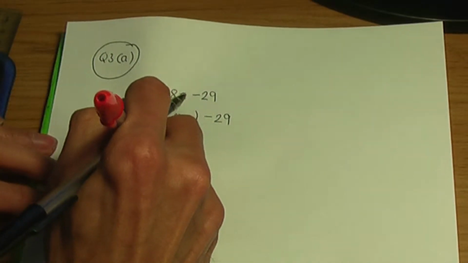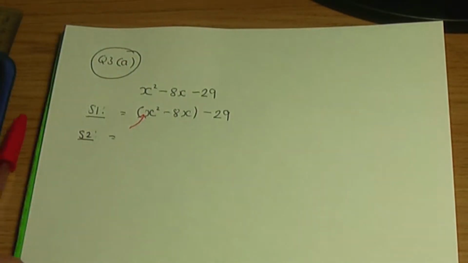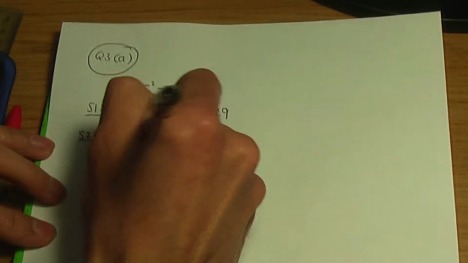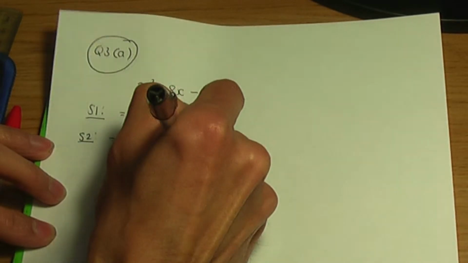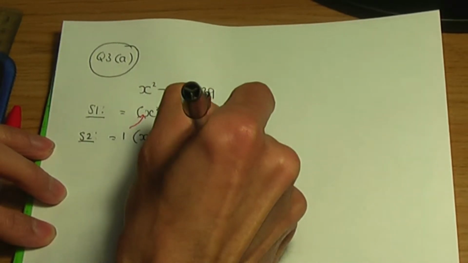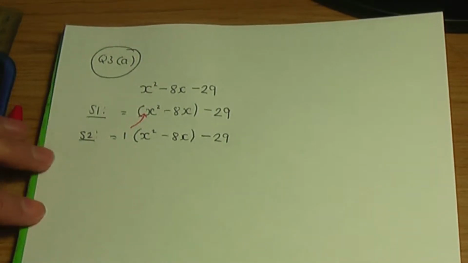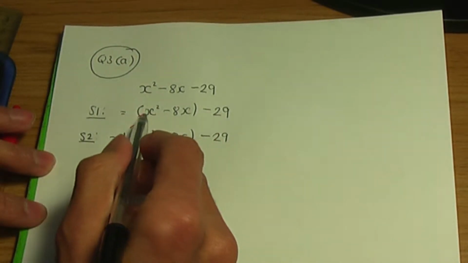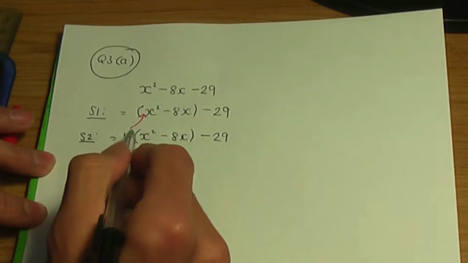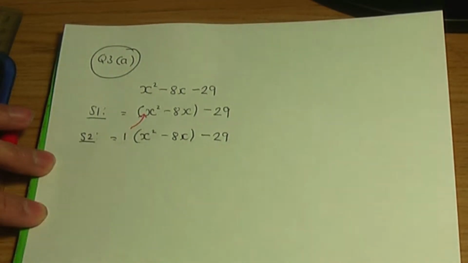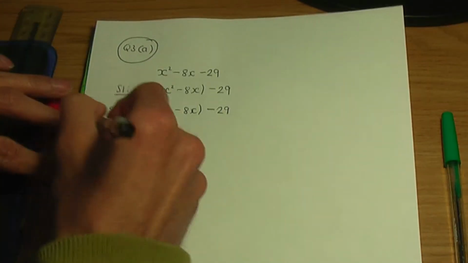The coefficient of x squared here is plus 1, so we take plus 1 as a common factor, leaving us with x squared minus 8x within the brackets. So let me repeat: take out the coefficient of x squared as a common factor. By doing that, this is what we have in this example.